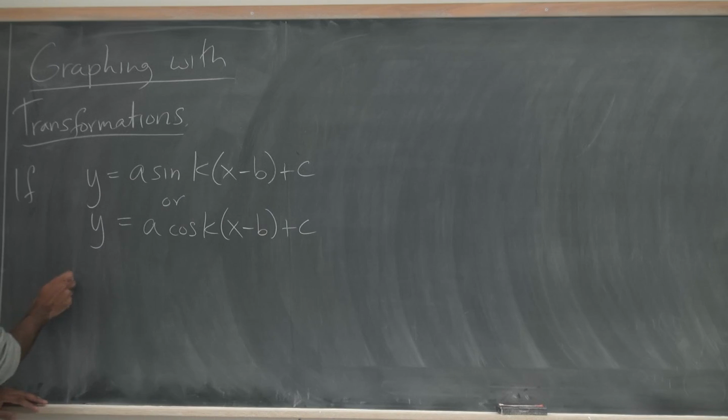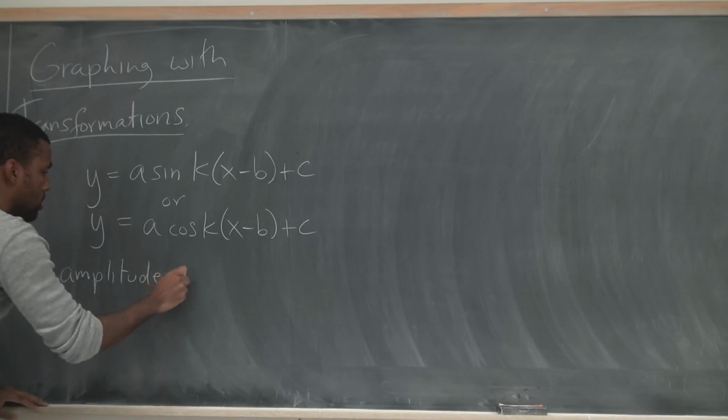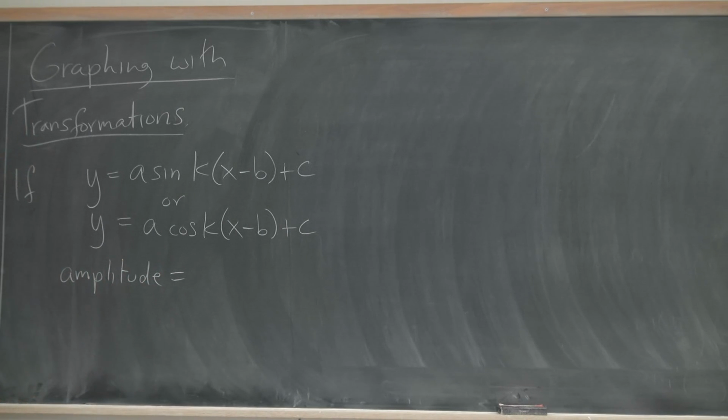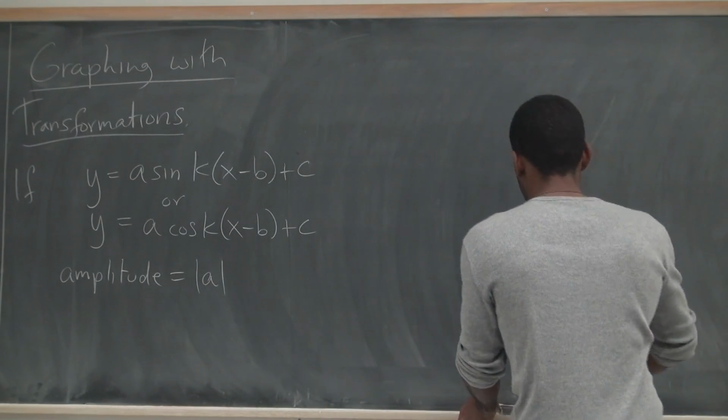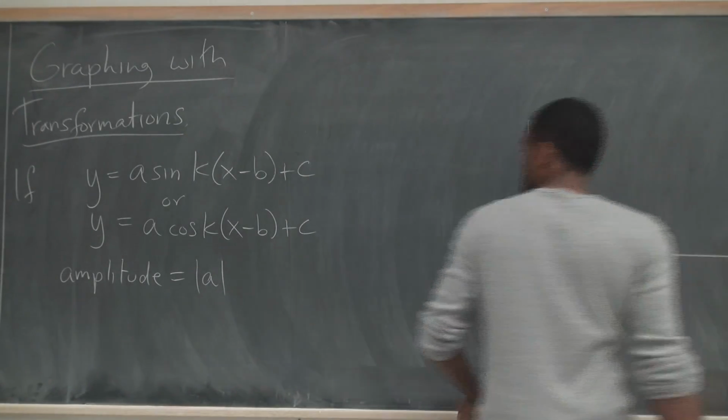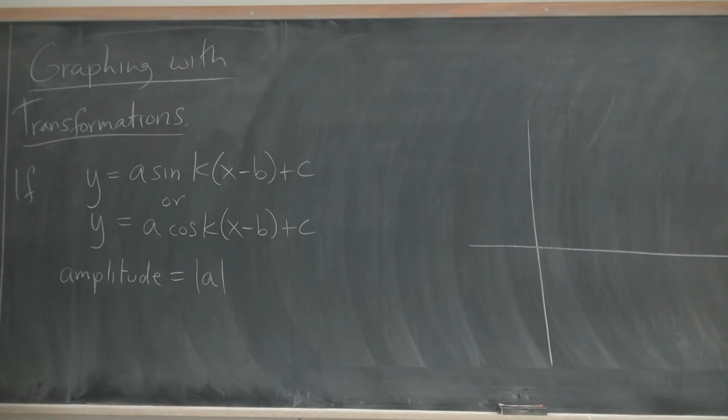For example, we can figure out what the amplitude is. Who knows what the amplitude of this graph is? It's the absolute value of a, right? Amplitude is a distance. It's how far you were raised from the baseline. I'll draw a generic example over here while we're talking about it. So the amplitude is a.